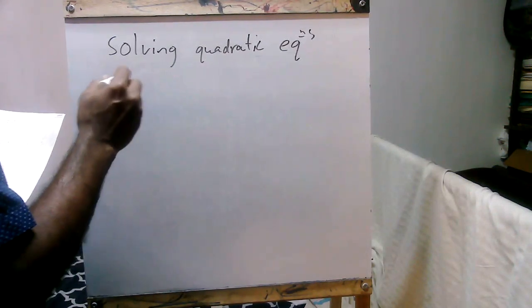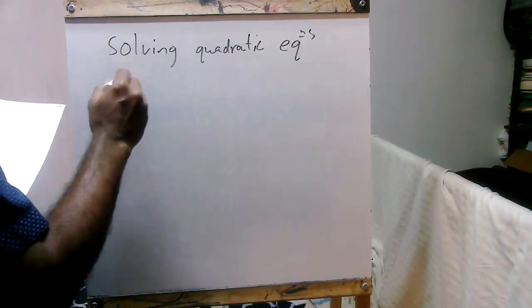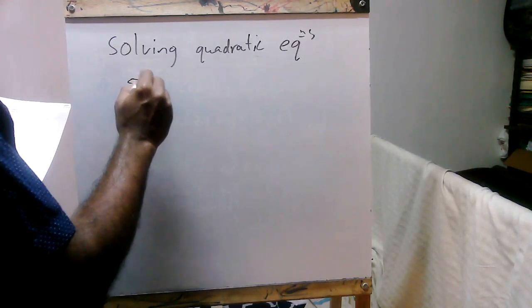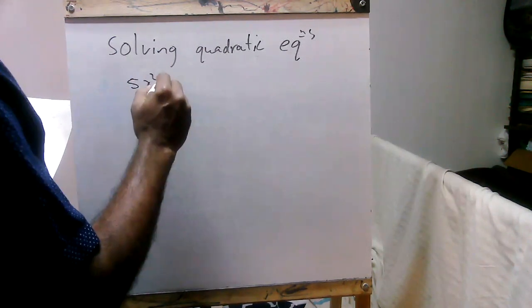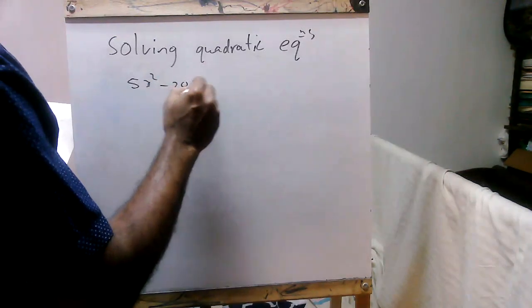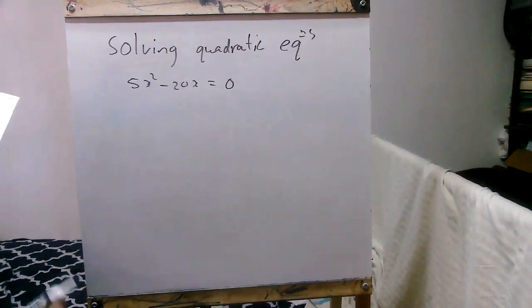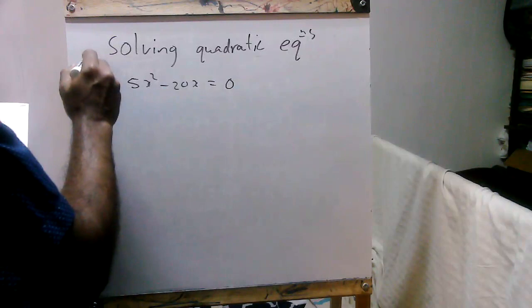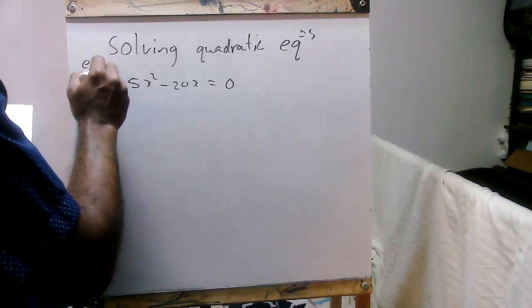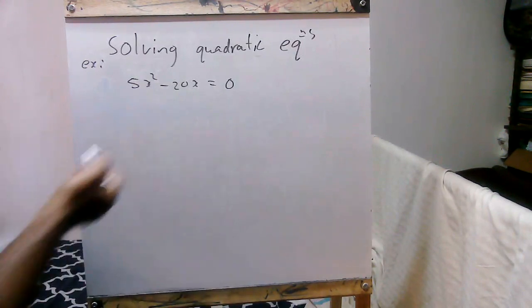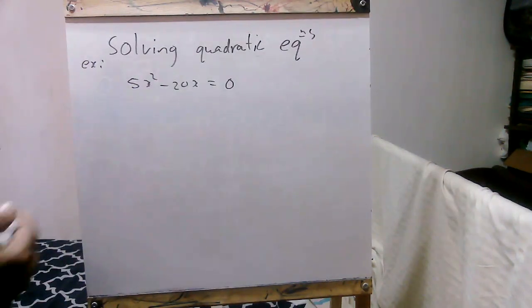For instance, if you have something like this, 5x squared minus 20x equal to 0. So first factor this out.